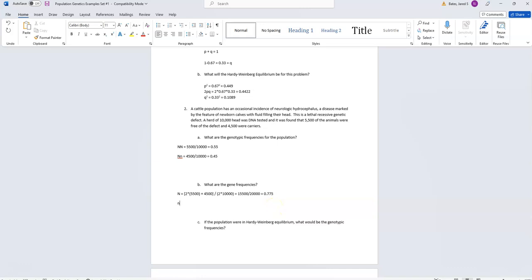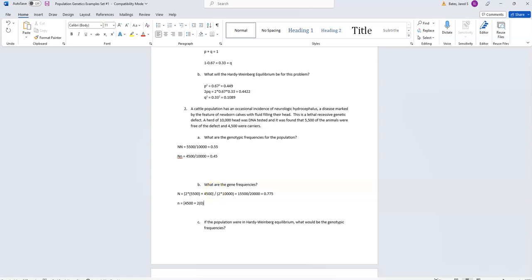For my little n, I'm just going to do the same thing. That's 4,500 plus 2 times 0, because I don't have any individuals in the herd that have 2 copies of this, because they're dead.